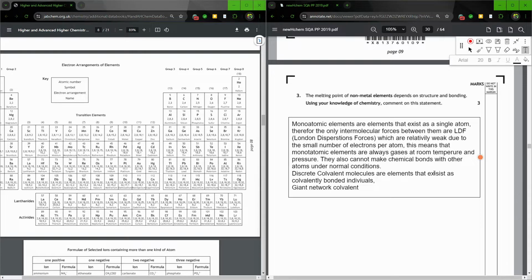I'm really sorry for my spelling, it's horrific. Elements exist as covalently bonded individual molecules with LDF forces between them.